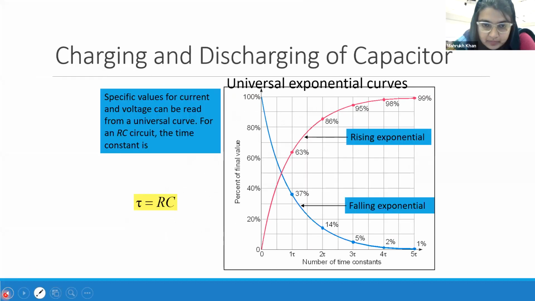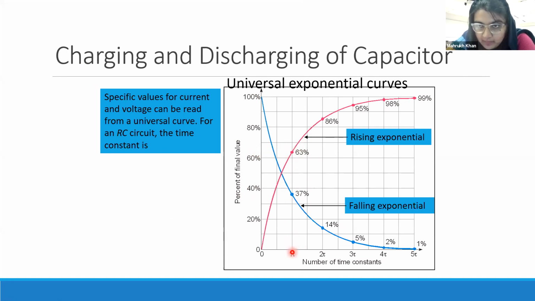Just a minute. So we know this graph, right? What I'm saying here is that this is your point when you are getting 63% of your input voltage, which you are saying is 5.67, right? But when will it occur?